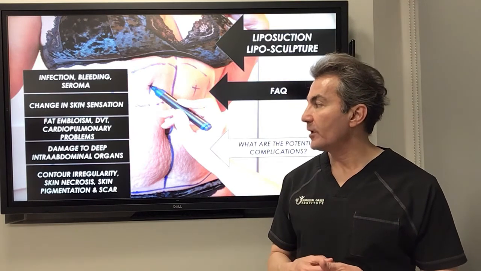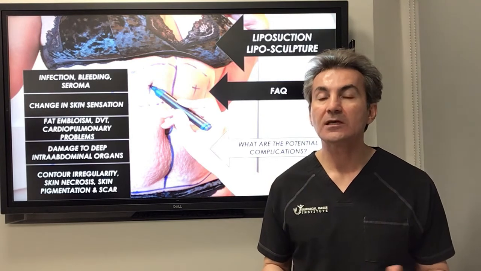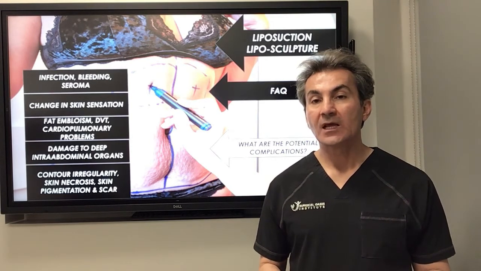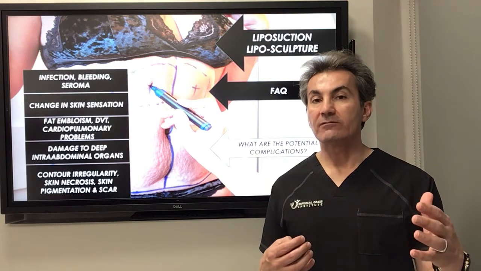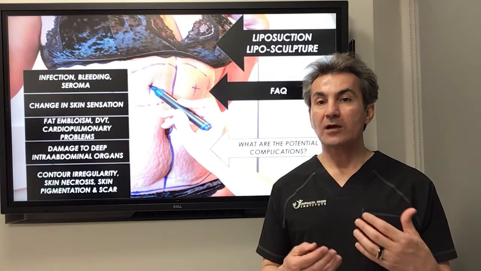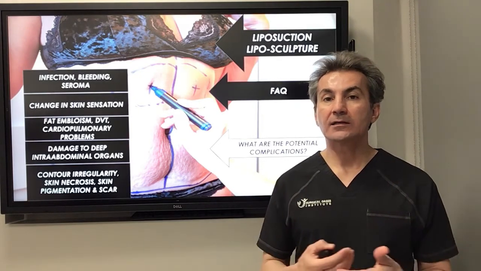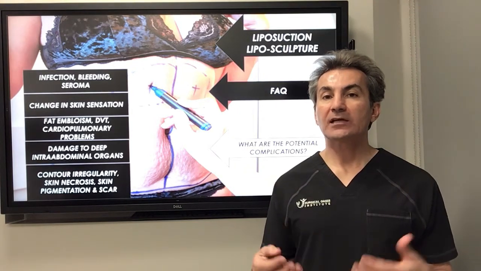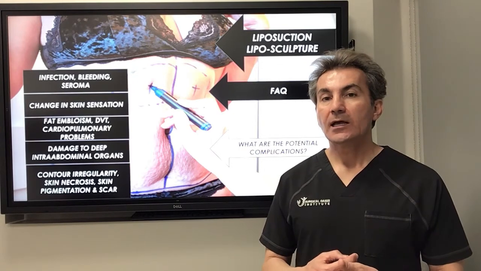problem for the patients. Damage to the intra-abdominal structures is a possibility when we do the liposuction with the device, if we go extremely deep, and sometimes it can cause intra-abdominal damage, which is very, very rare, and it doesn't usually happen with a very experienced surgeon, but that's one of the complications that can happen.